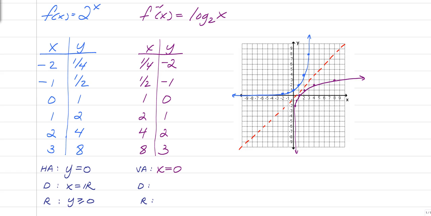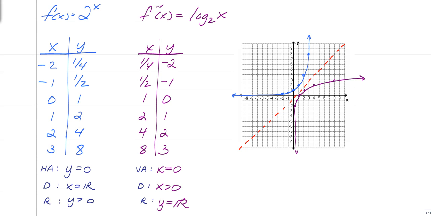And now your domain and range have also switched. So now your domain, x has to be greater than 0. And your range now, since it can go low to high, is all real numbers. And that's supposed to be greater than 0, of course, because it can never touch 0.